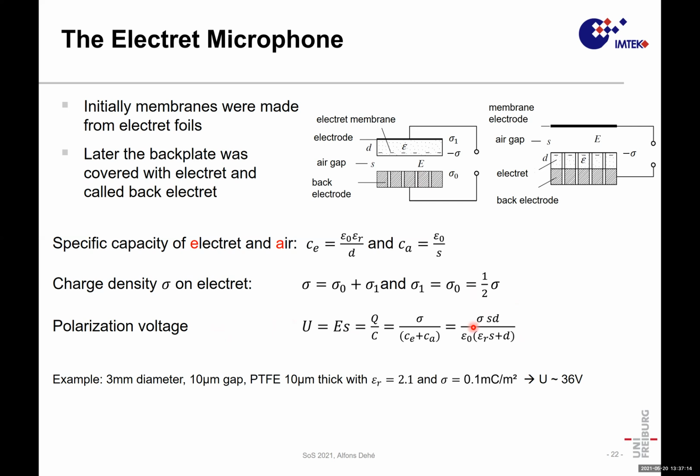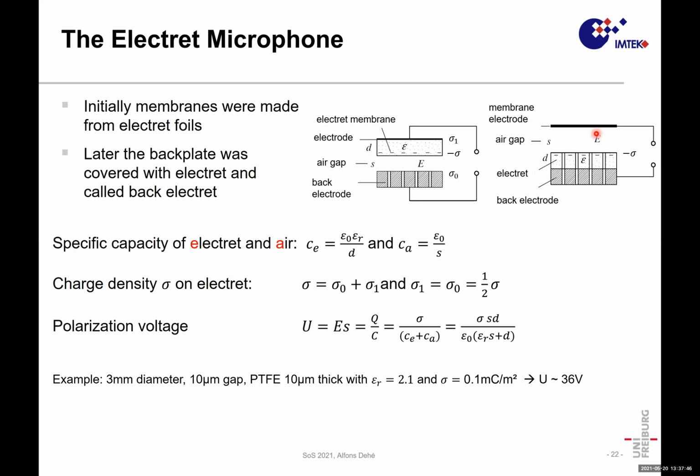And I have a simple example. Nowadays, those electrode microphones maybe have some 3 millimeter of diameter. The gap is maybe 10 micrometer, and PTFE foil is also something like 10 micrometer thick with a specific charge per area included. And this from the calculation gives some 36 volts. So I have 36 volt over 10 micrometer air gap. And this is somehow feasible.